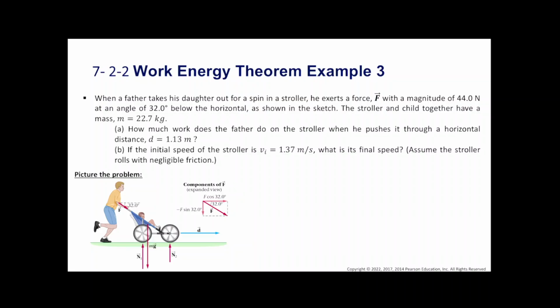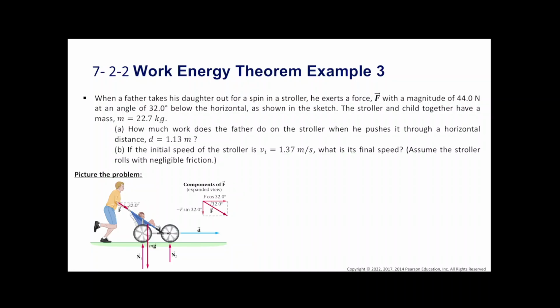Now our sketch shows the direction of motion and the direction of each force. The force mg is directly downward and the normal force N1 is vertically upward, and the force exerted by the father has both vertical and horizontal components.